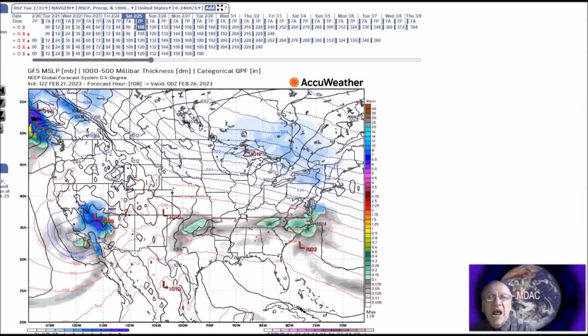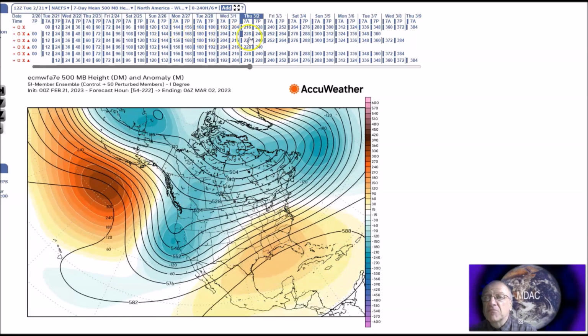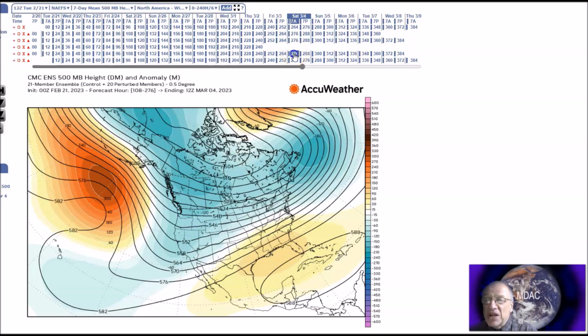Okay, we're going to look now at the period for March 1st to the 5th. The pattern doesn't really change all that much, a little bit. We still have a zonal flow now across much of the country. Our ridge is down here.